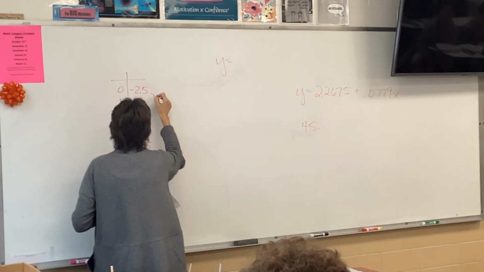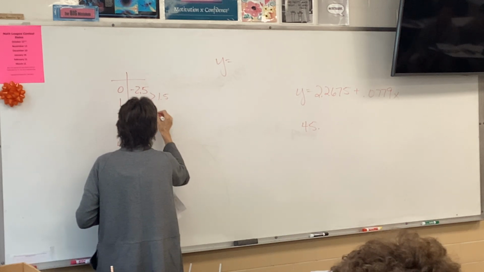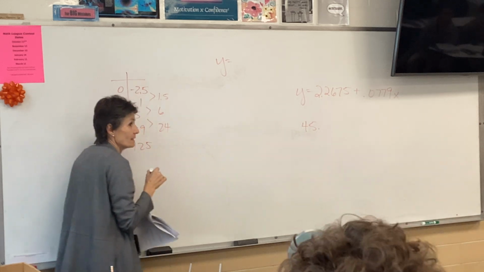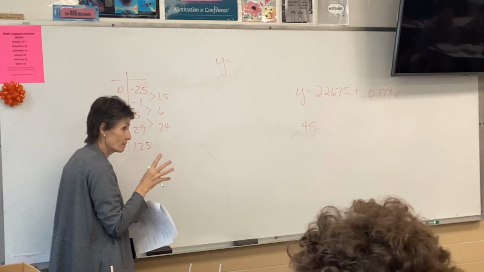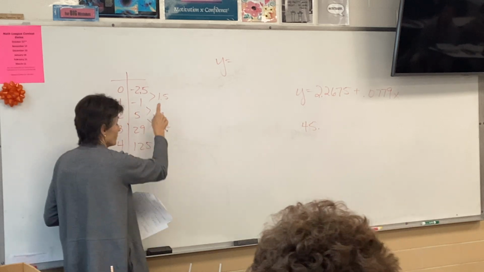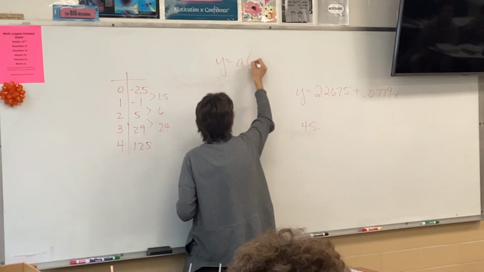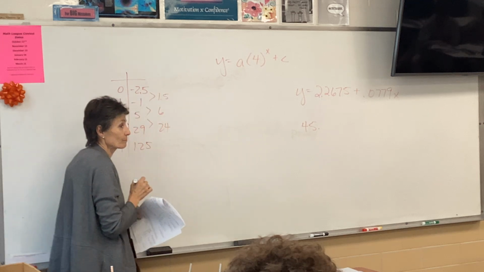So what's happening? This is a 1.5. This is a 6. This is a 24. It looks to me like we are multiplying by 4. So whatever I have, I don't know what this is, but this is going to be 4.